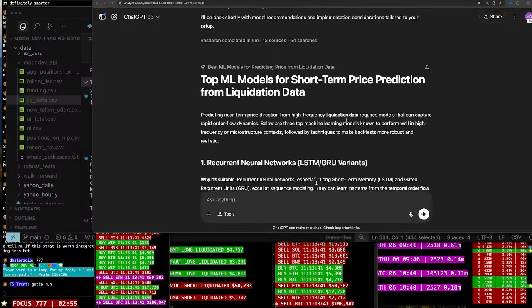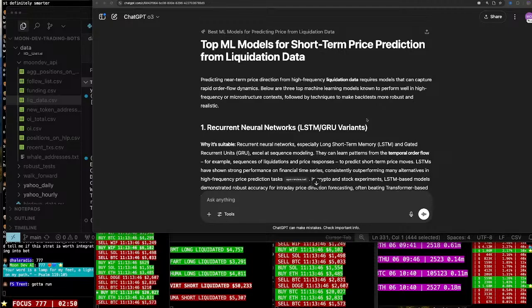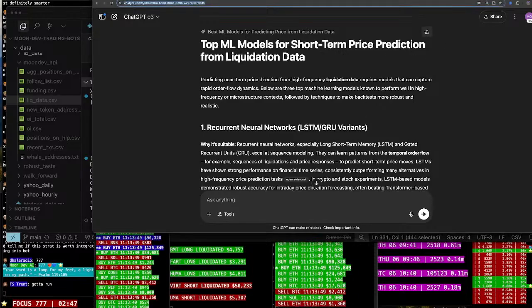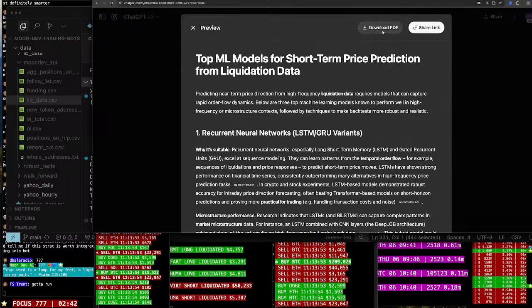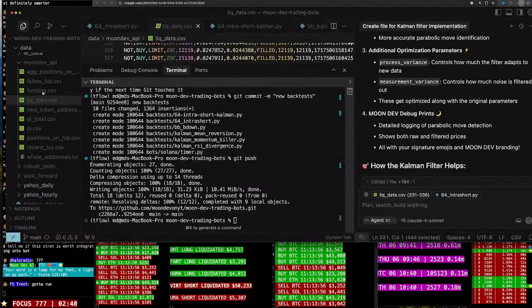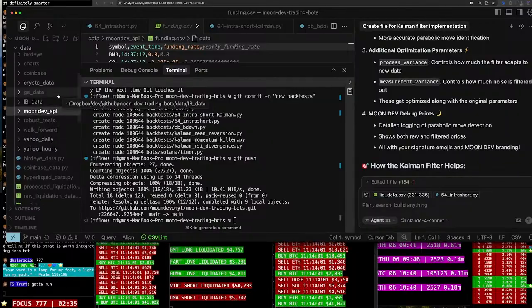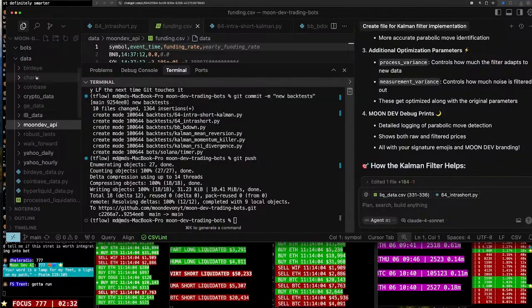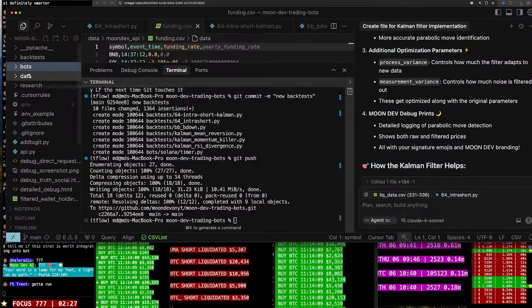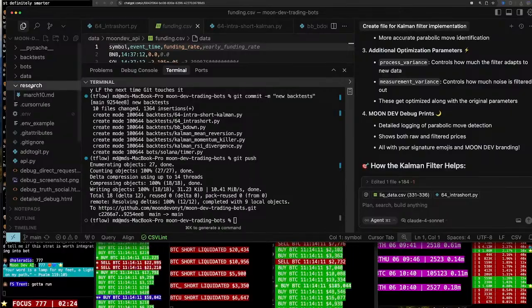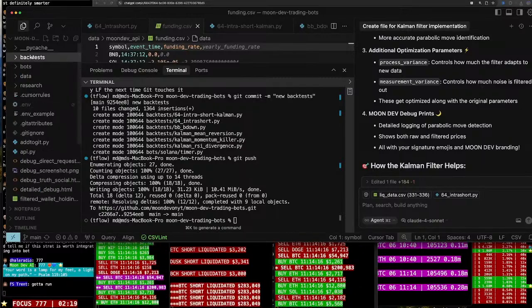All right, let's read through it. So the top machine learning models for short-term price prediction from liquidation data. Download PDF. Damn. Let's download PDF. Funding here, and let's go to Mundev data here. Bots. How do we want to do this? Research. Back to us.